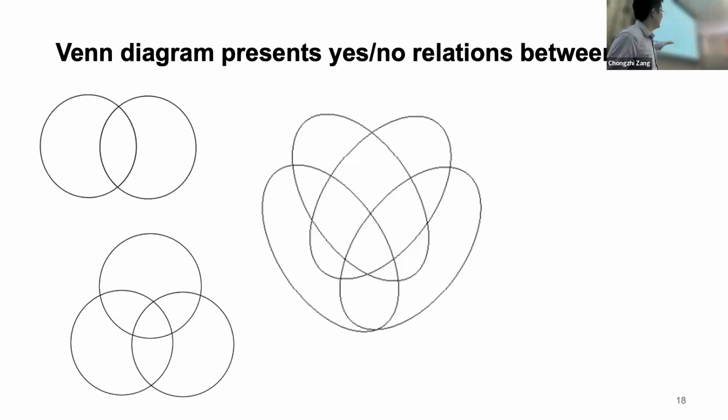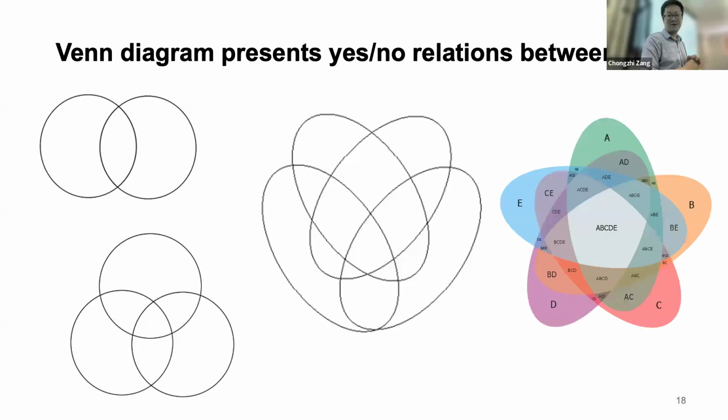You can see how complicated such a diagram is, and I think there are some topological problems, such as whether it's even mathematically possible to plot a high-dimensional or multi-set diagram. I saw this one in a paper. It's really difficult to understand. Usually when you present data in a diagram, you want the size of the circle and the area of the overlap to be roughly proportional to the data you want to represent.